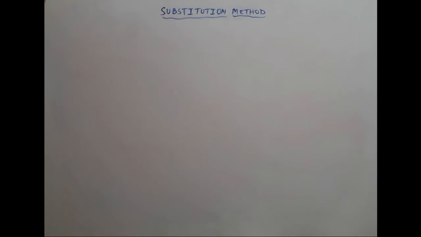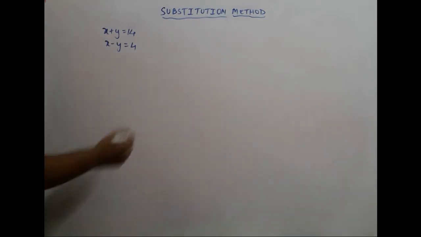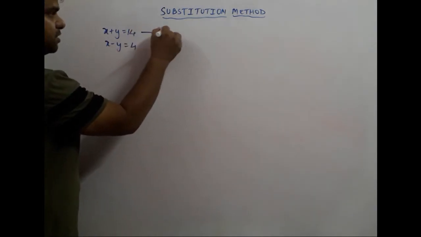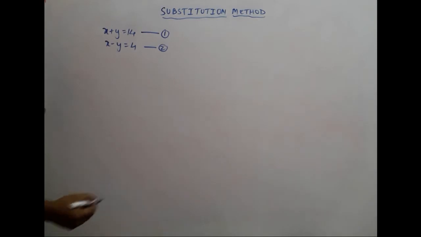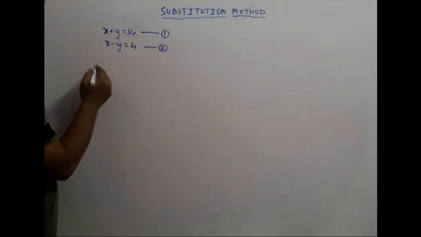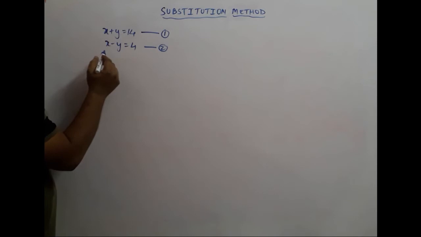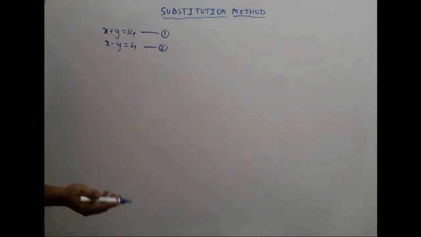Our first problem is x plus y equal to 14 and x minus y equal to 4. First we'll mark them as 1 and 2. Next, we can rearrange equation 1 and choose.